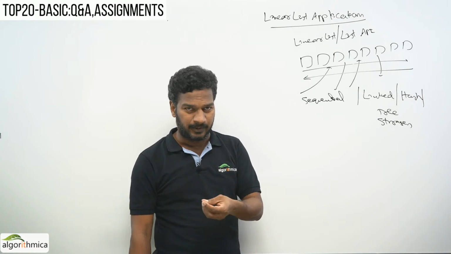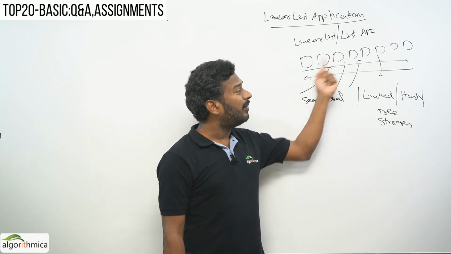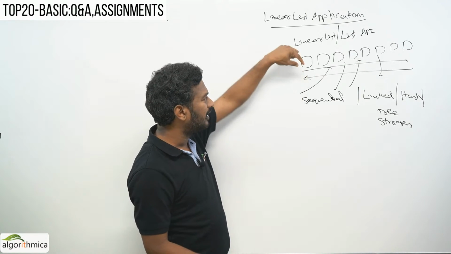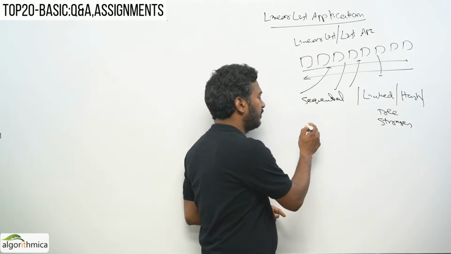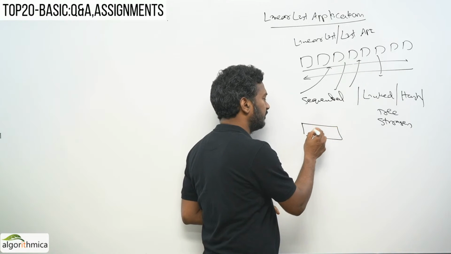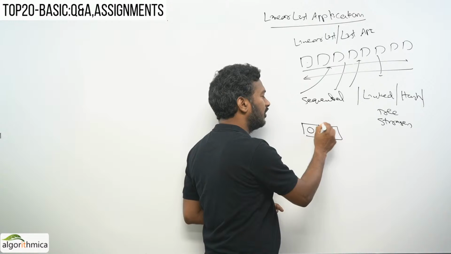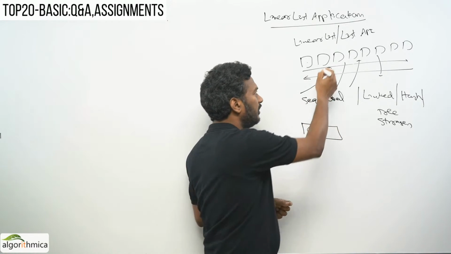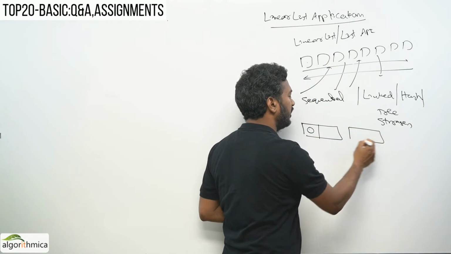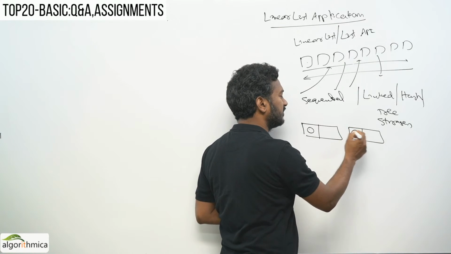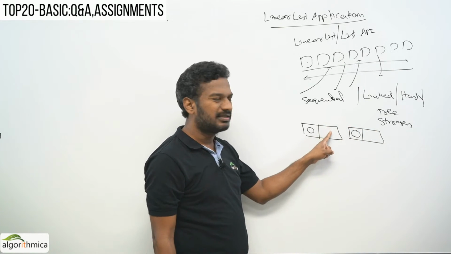But just for practice purposes, I'm asking here, implement this using single linked also. That means each element you have to store in this fashion. This data, whatever is there at the physical level, keep the data here. Only one single link is allowed in a node. Second element here, again, in a node we are creating, data is here, this is a link. This is a link here.